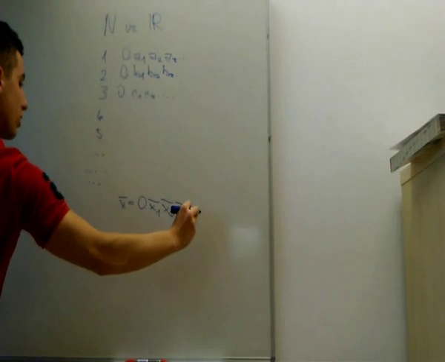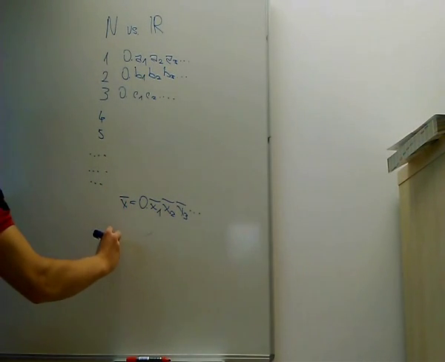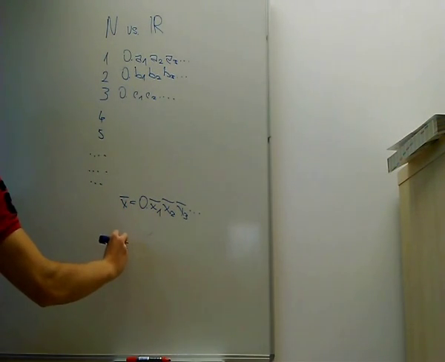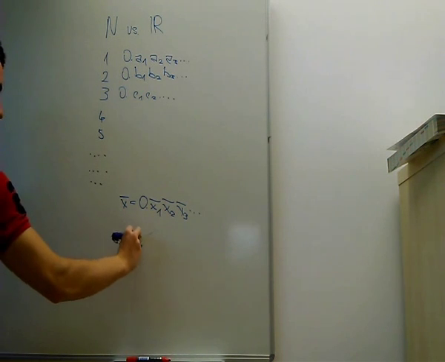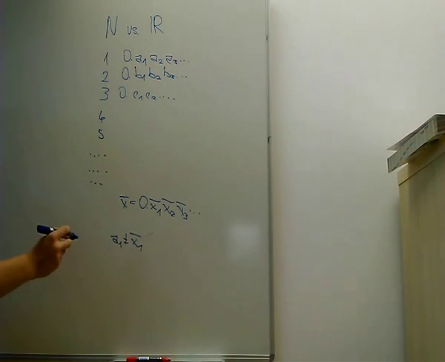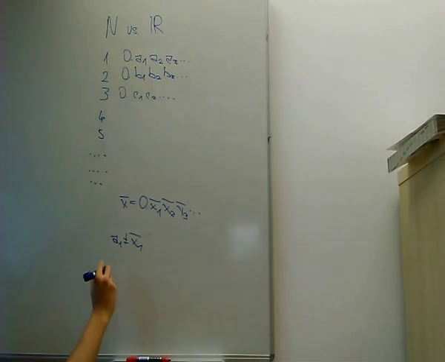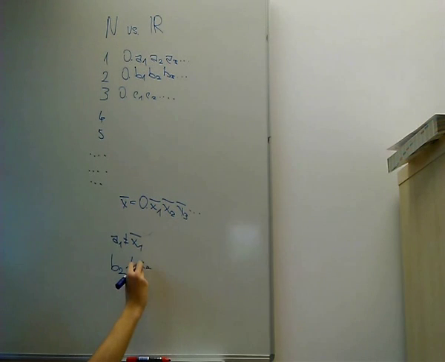I will state that A1 is not equal to x bar 1. That means that x bar has a different first decimal digit from the number paired with 1. In connection to this, I will state that B2 is not equal to x bar 2. This guarantees that the second digit of x bar is not equal to the second digit of the number paired with 2.